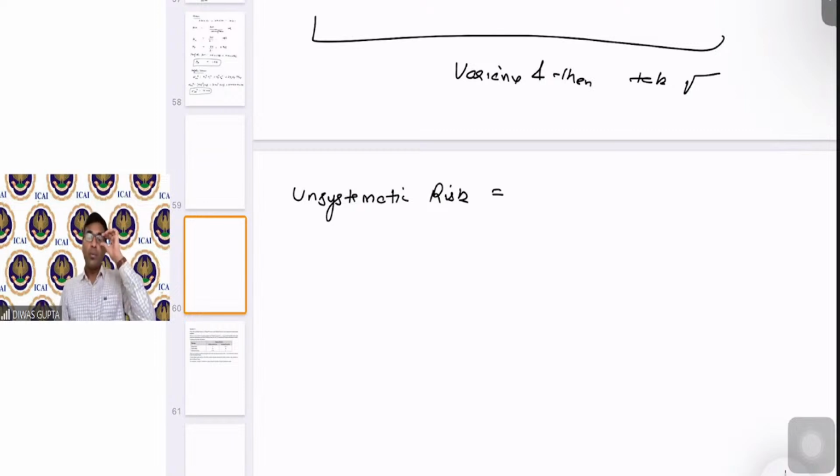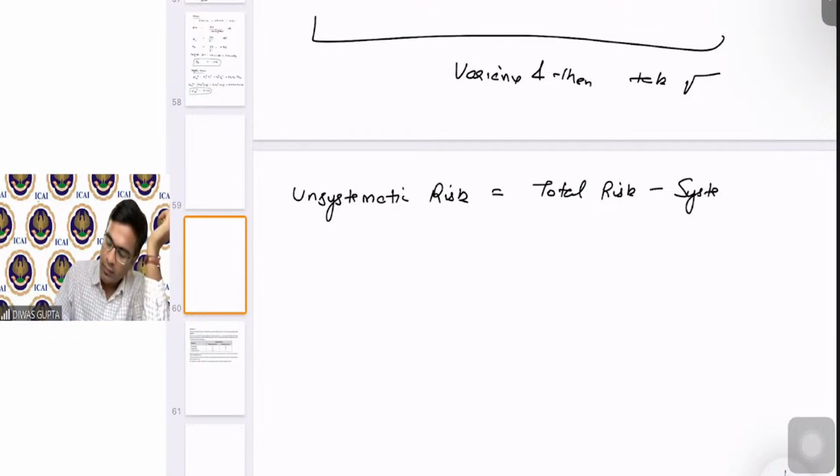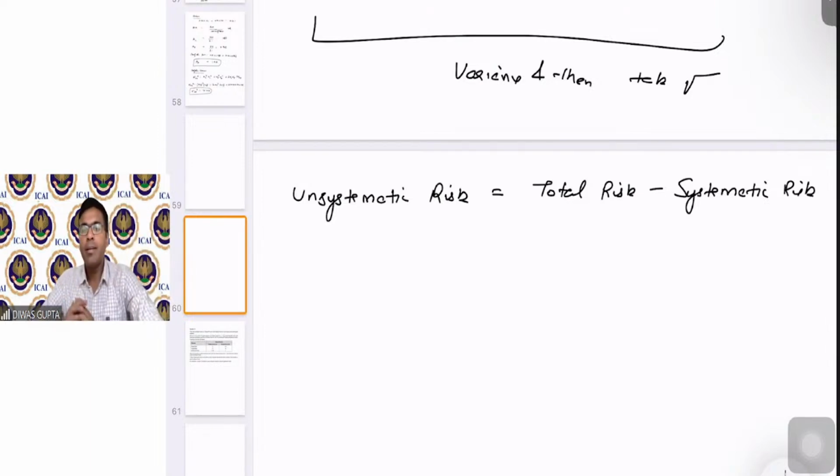Unsystematic risk will be equal to total risk minus systematic risk. Okay, students.